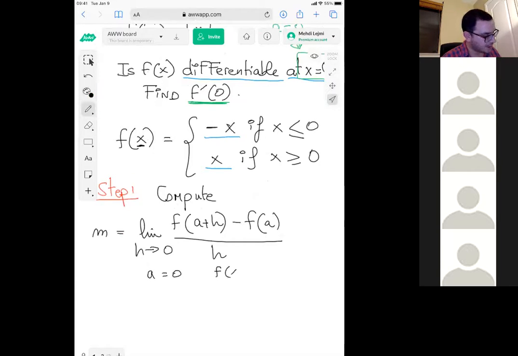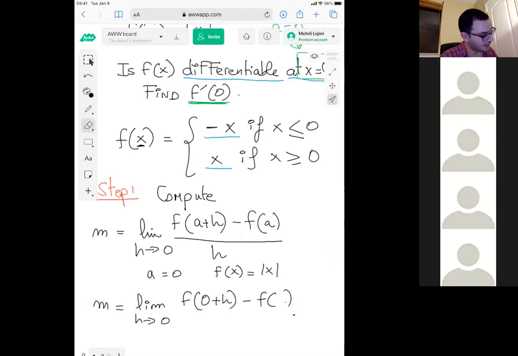My f of x is the absolute value of x. That's my function f. Now, first I need f of a plus h. So let me write it down for you here instead of a. So we have the limit h going to 0 of f of 0 plus h minus f of a, and we said a is 0, so it's f of 0 over h.